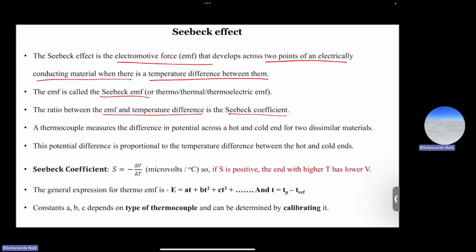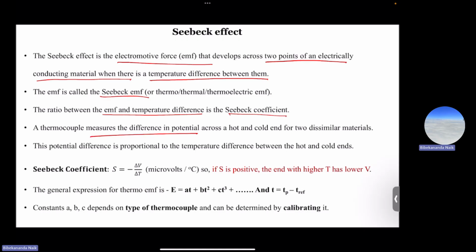Now, what is a thermocouple used for? It is used to determine the temperature of a system. For one junction the temperature is known, and depending upon the voltage developed across the thermocouple, we can know the temperature of the other medium.